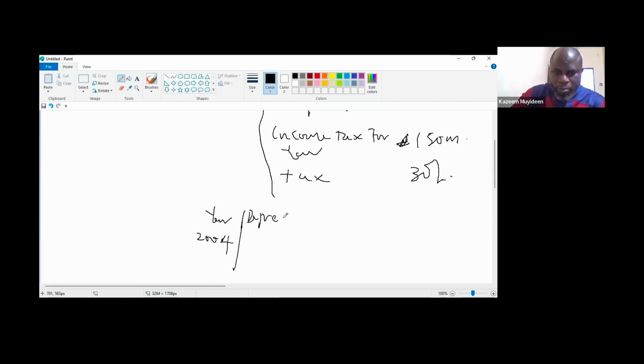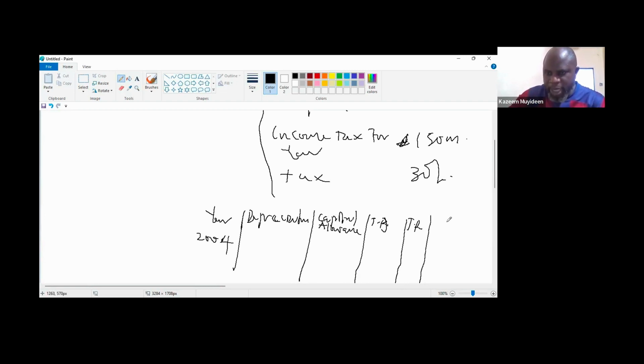Depreciation. Capital allowance. Temporary difference. Tax rates. You see a charge or credit, one of the two. How much is the depreciation figure?